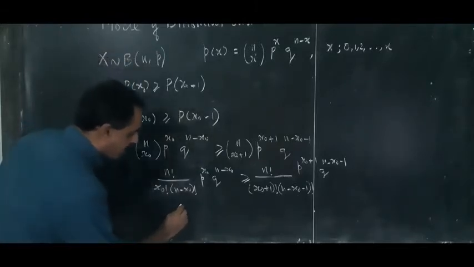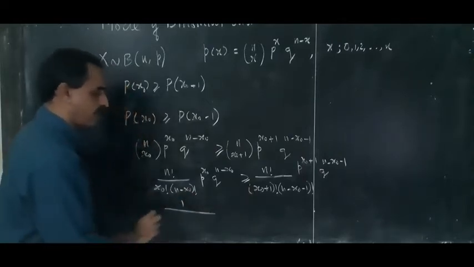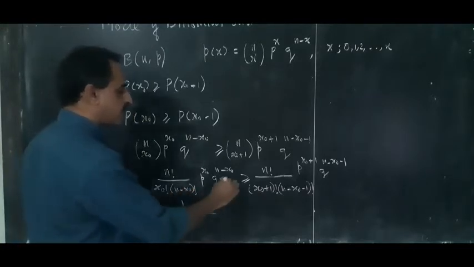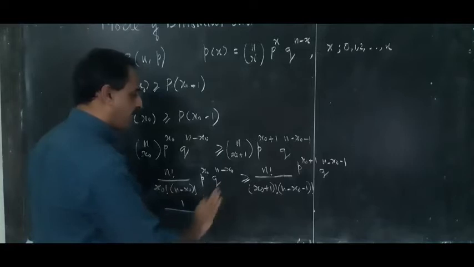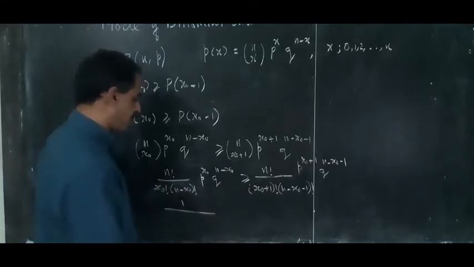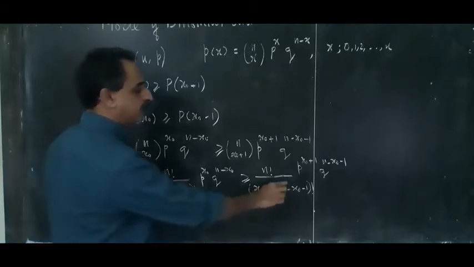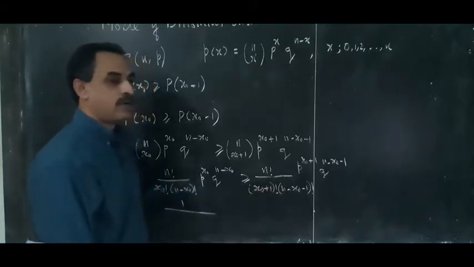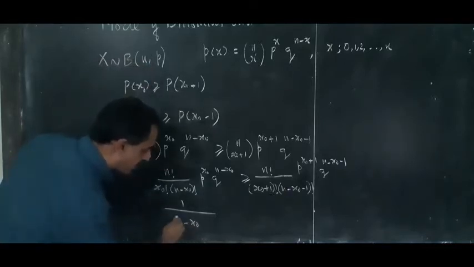So it is 1 by x0 factorial on one side, x0 plus 1 factorial on the other side. So x0 plus 1 is extra in the right side. So x0 factorial cancels. So n minus x0 factorial here, in the other side it is n minus x0 minus 1 factorial. So n minus x0 will remain in the left side.